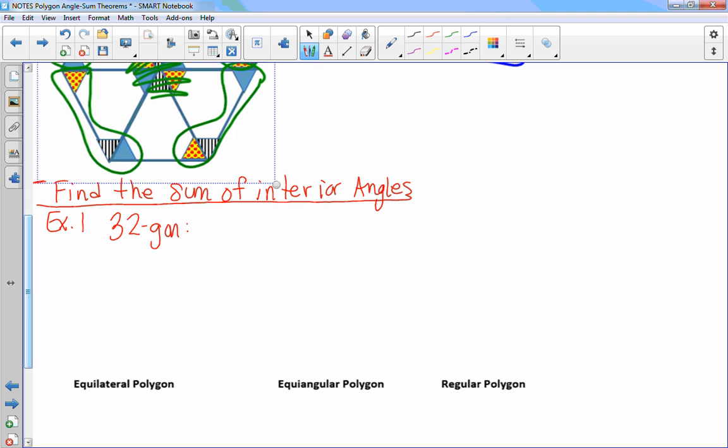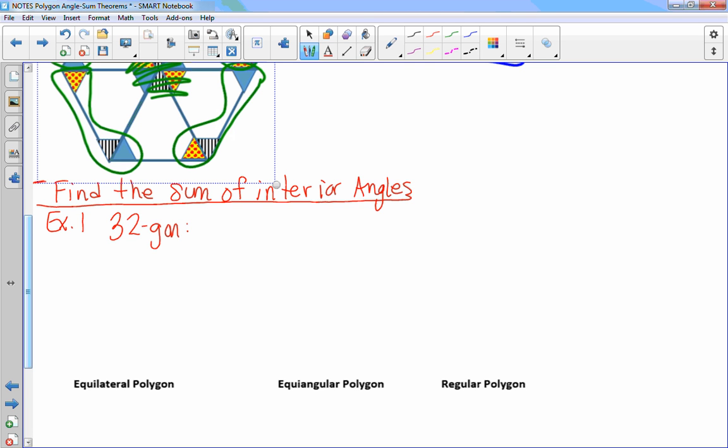Okay, so apply the formula. What would the angle measurement be? The sum of the angles. Make sure you have a degree sign. Take the number of sides, subtract 2, and that tells you how many groups you have.